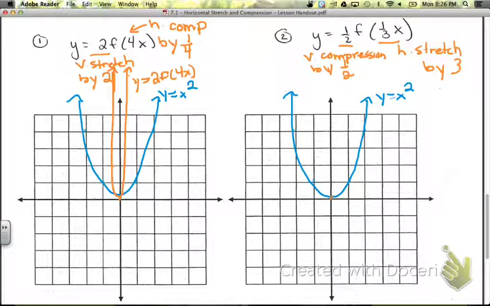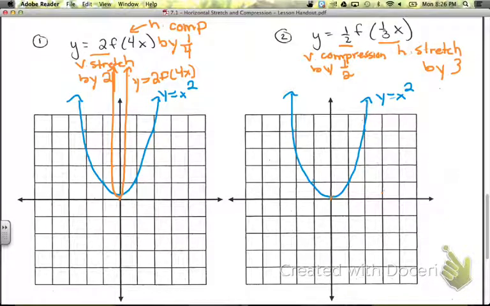Now let's look at our point 1, 1. So if we're talking about first our x value of 1, it needs to be stretched by 3 because it's a horizontal stretch. So now that point is going to be at 3, 1. Well, we still need to deal with our vertical compression of a half. So multiply that 1 by a half, so this point should be at 3, 1/2.